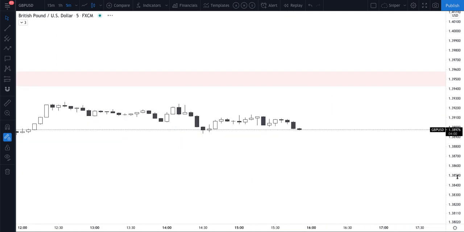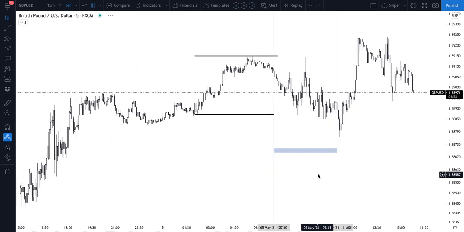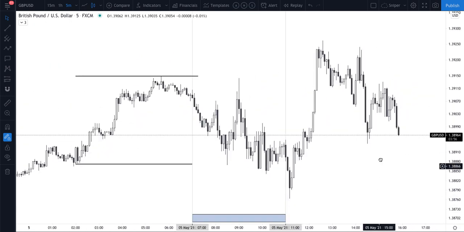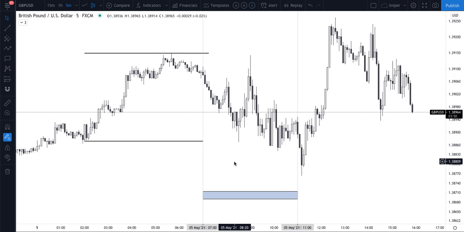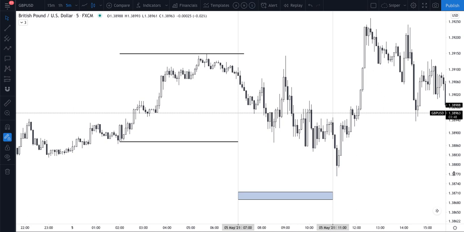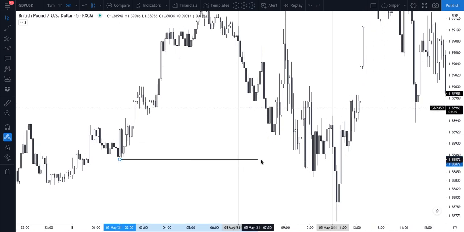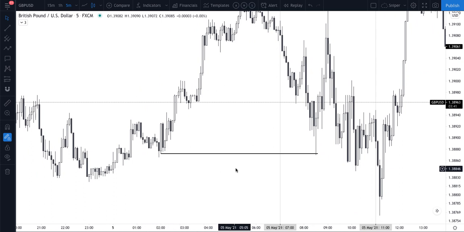Let's get back to our session. So here we are on the 5-minute time frame. We started off pushing towards the downside. I was looking for a long in and around this area, but with a bit of a deeper pullback. So I was looking for price to actually tap a bit lower.